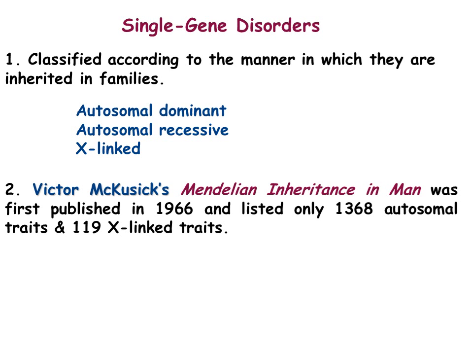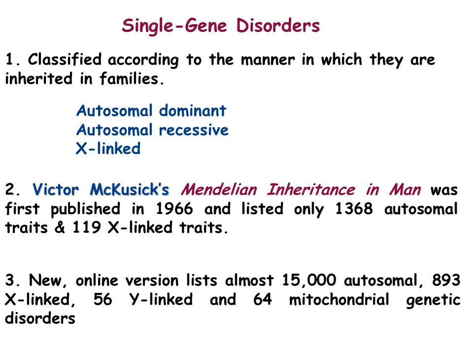And then I couldn't resist talking about Victor McKusick, who started a volume called Mendelian Inheritance in Man about the single gene disorders. He started publishing it in 1966. At that time, there were only 1,300 autosomal traits, maybe 119 X-linked traits.